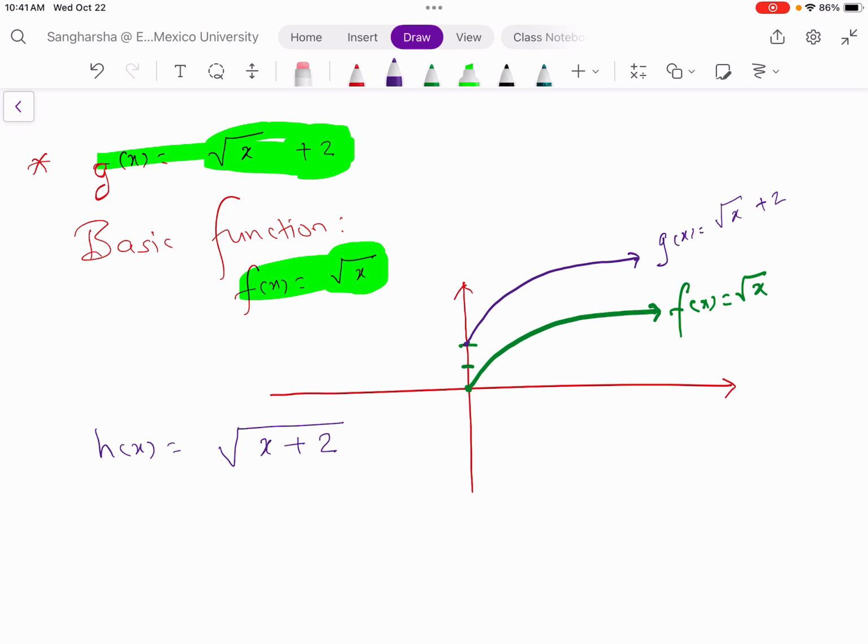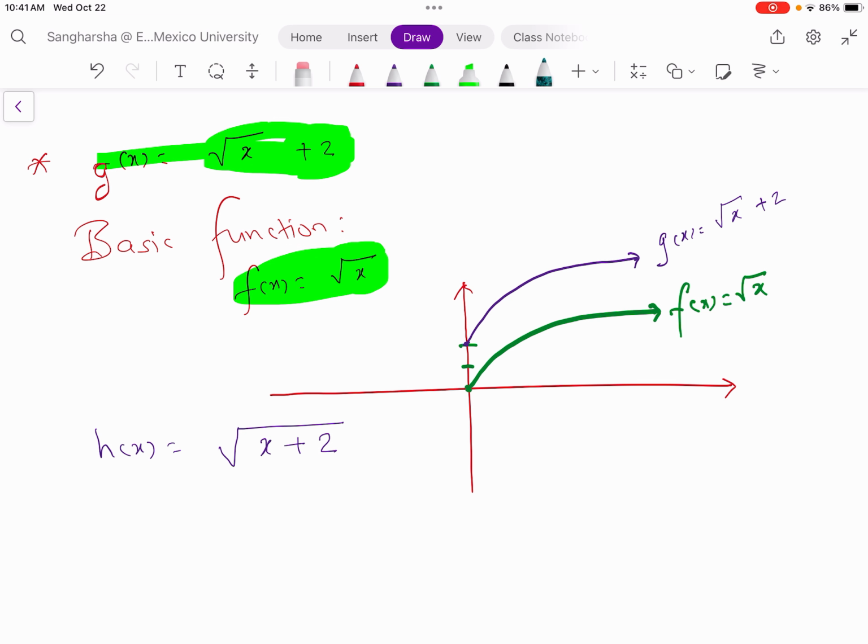Now, are g of x and h of x exactly the same? These are different. Here we have the square root of x, plus 2 outside, and here we have the square root of x plus 2 inside. We start from a basic function, f of x equals square root of x.